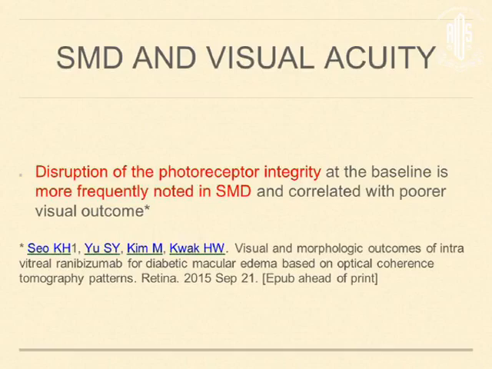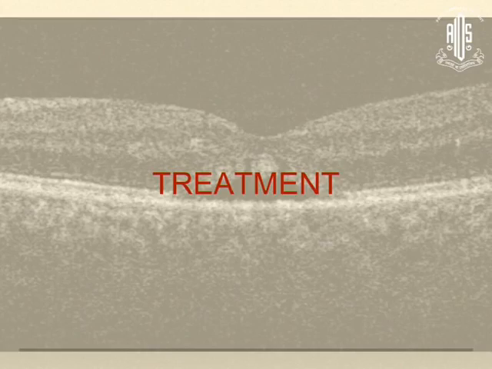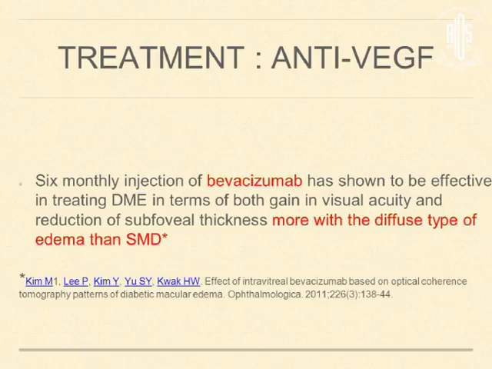So why serous macular detachment in DME is associated with less favorable prognosis compared to the other OCT subtypes is because there is a disruption of photoreceptor integrity in serous macular detachment. This is seen as ELM defect or ISOS defects, that is the photoreceptor damage seen on OCT, and also hyperreflective foci in the subretinal fluid as well as in the outer retinal layers are associated with poor prognosis in serous macular detachment.